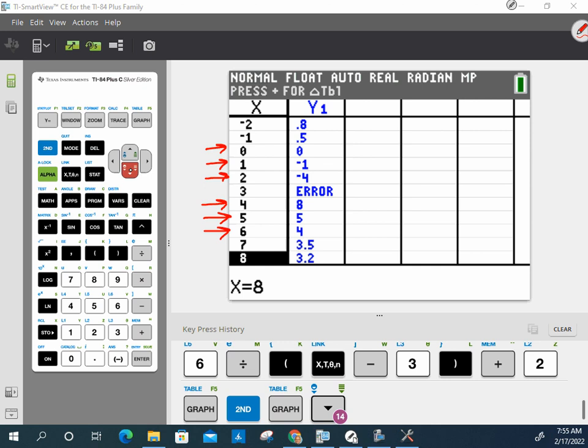We can even use 0.5 if we absolutely need to. So we've got 0, 0; 1, -1; 2, -4; 4, 8; 5, 5; and 6, 4. So we've got what we need.